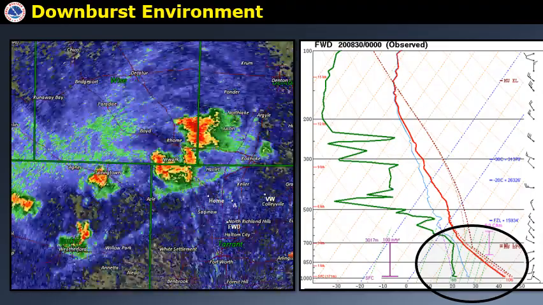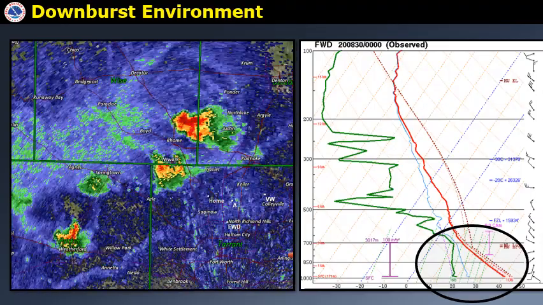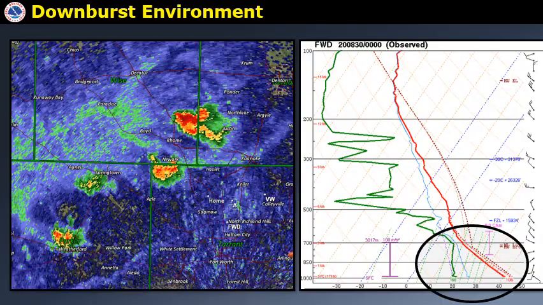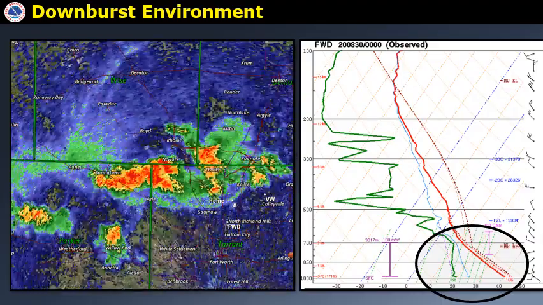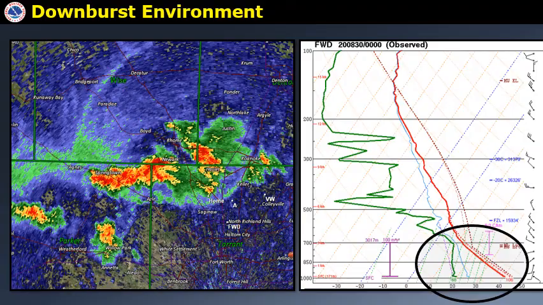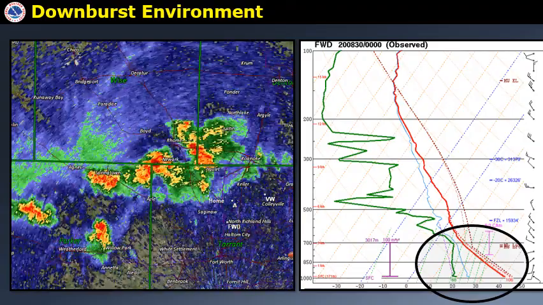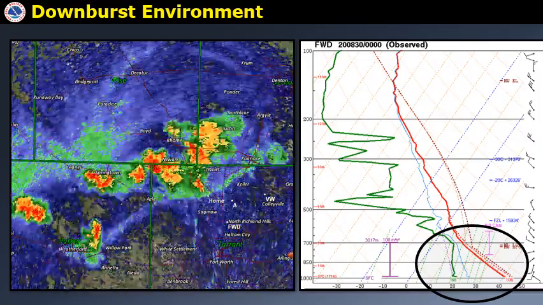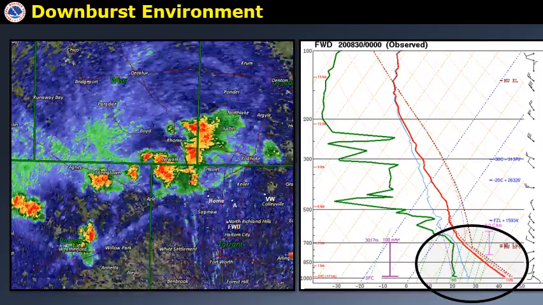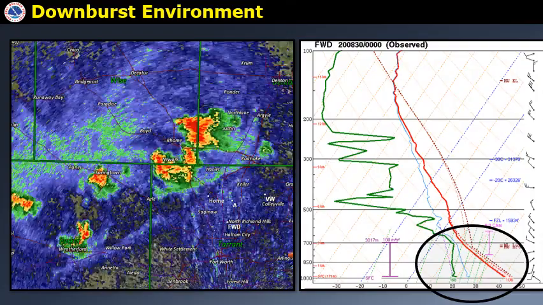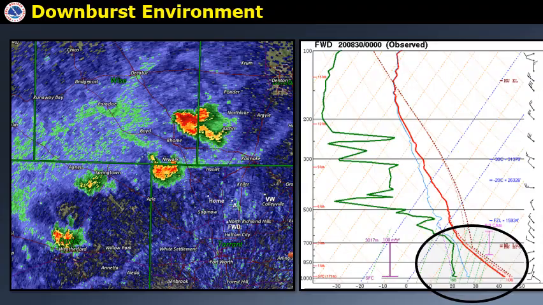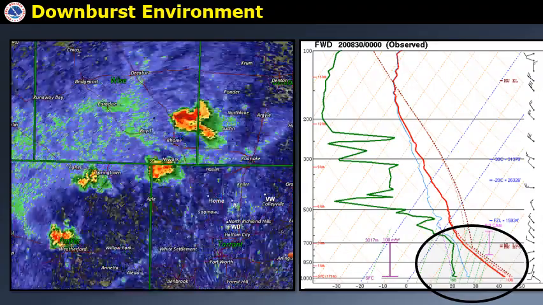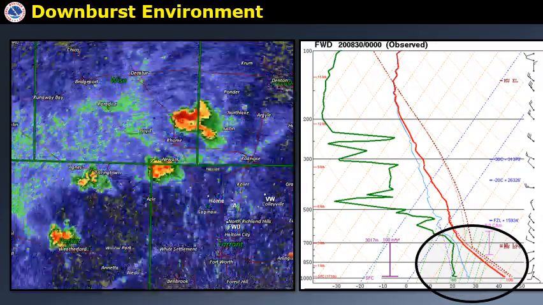But what's important is the inverted V that you see with the dew point line here indicated in the green and the temperature line here indicated in the red. Now, this inverted V signature implies the presence of steep low-level lapse rates and the presence of dry air below cloud base. We see these environments often in the summer when it gets very hot in the afternoon.